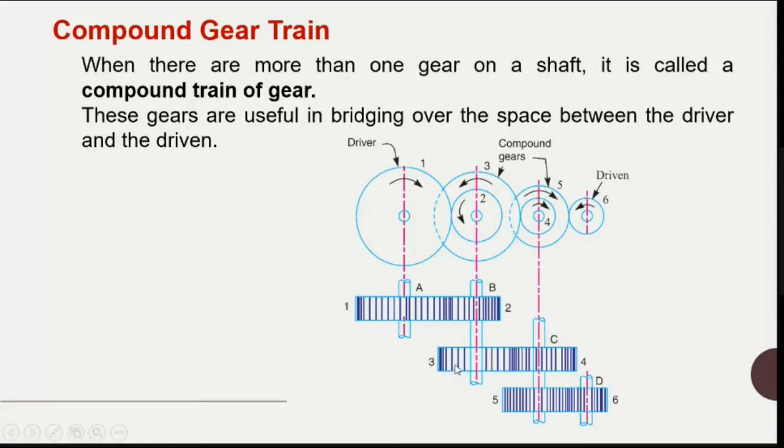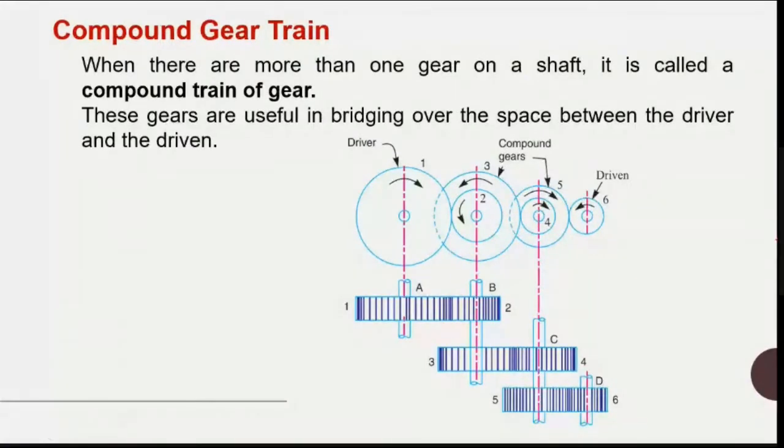Gear three is meshing with gear four, and on the same shaft C you have one more gear, gear five, which is meshing with gear six. So in these two shafts, shaft B and shaft C, there are two gears each. If you have a combination like this, then we say this is a compound gear train.